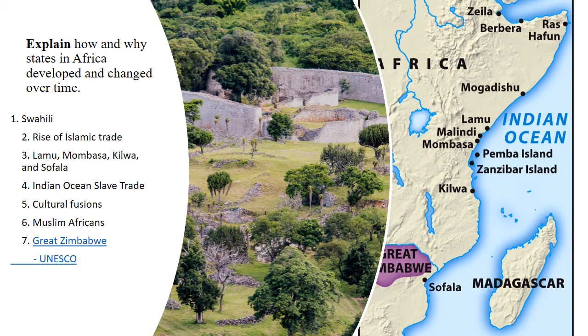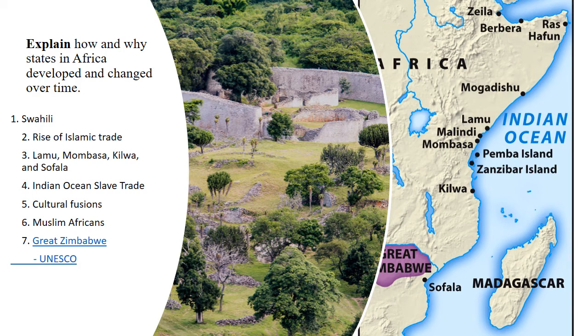The prosperity of the Swahili city-states and the Swahili coast goes back to their trade relationship with merchants from the north for centuries, right? The rise of Islam in the 7th and 8th centuries was a big turning point in the region's fortunes.